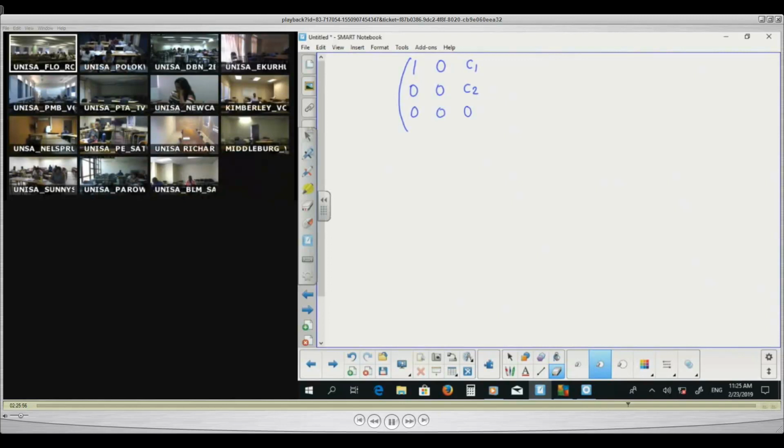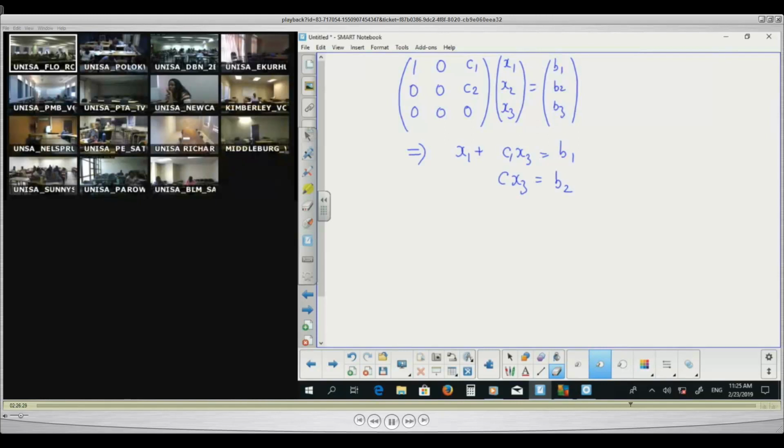So if you say that this is equal to B, then you are actually telling me x1 plus c1 x3 is b1, c2 x3 is b2, and this side, unless your b3 is 0, it has no solutions. So b3 must be 0 to have a solution.